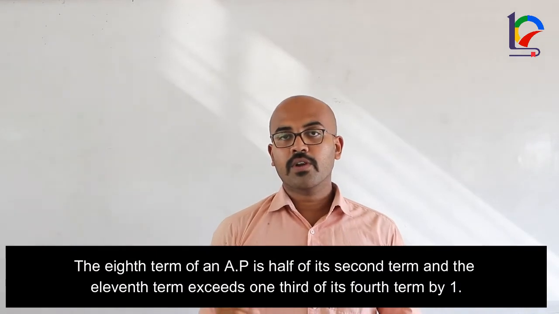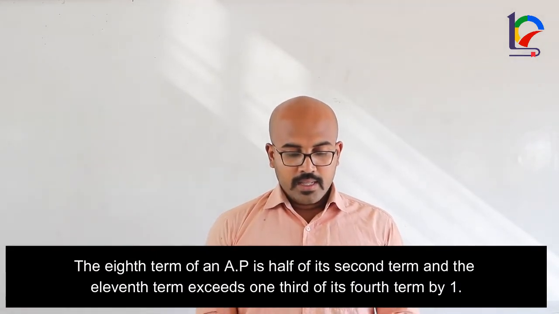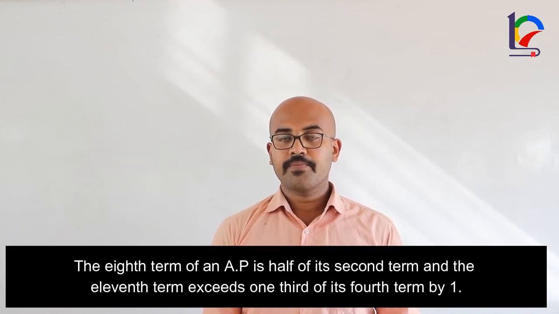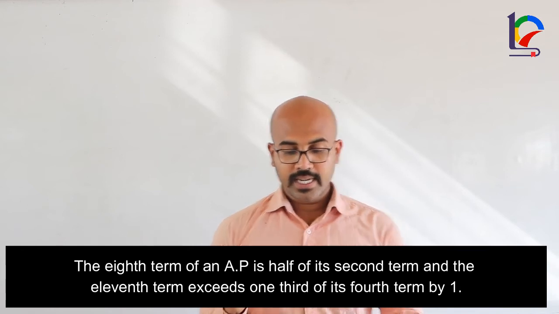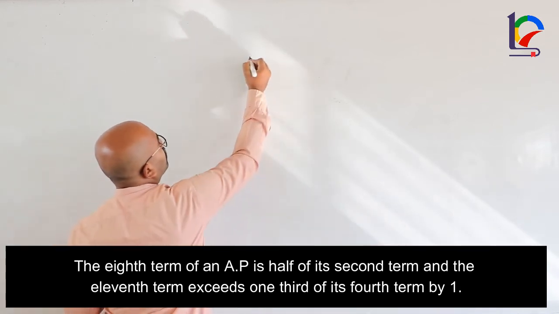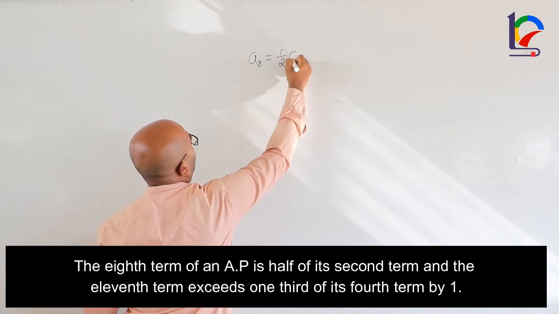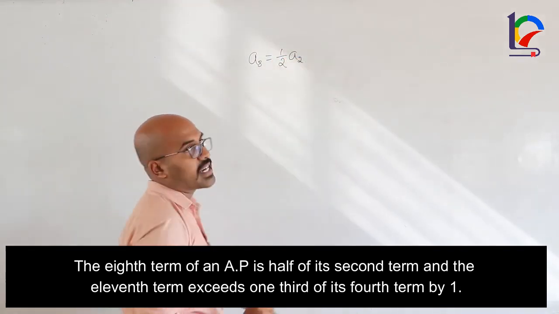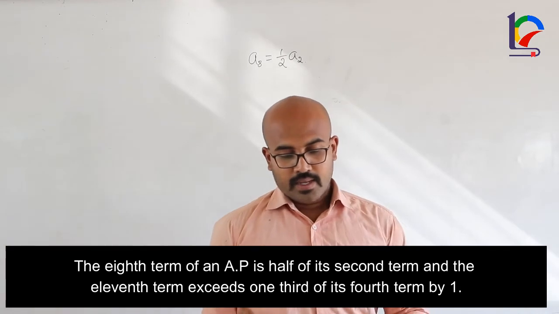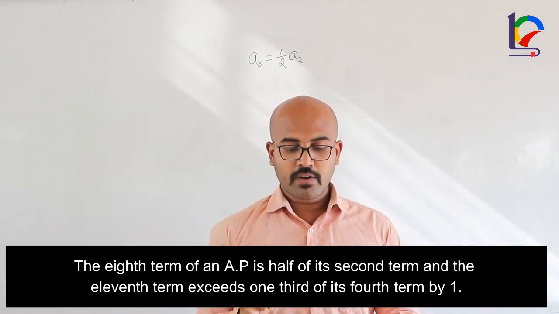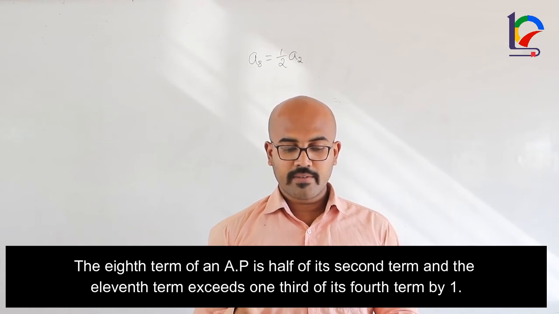Now moving on to the next question. The eighth term of an AP is half of its second term, and the 11th term exceeds 1/3 of its fourth term by 1.